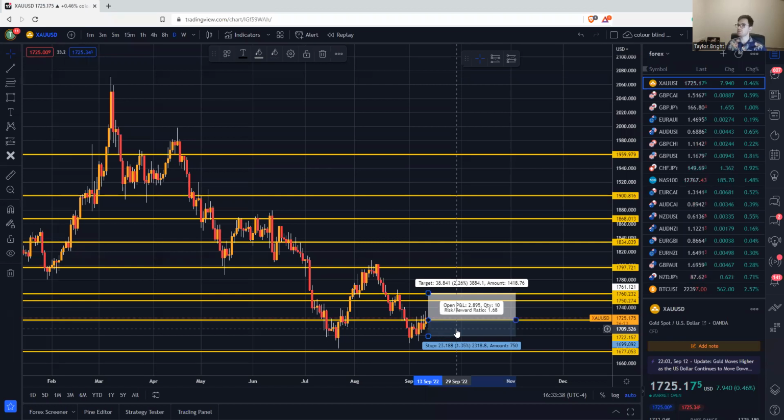Where with zone to zone, you do still need confirmation, but I feel you don't need quite as much. So with zone to zone, I would take some indicators and the break of a zone, or break and retest of a zone, and I would be probably happy.